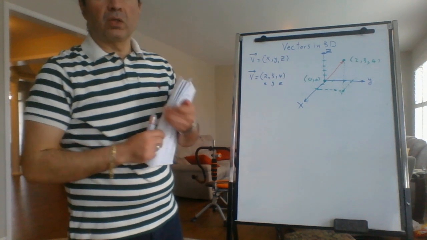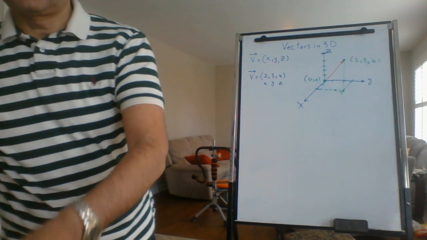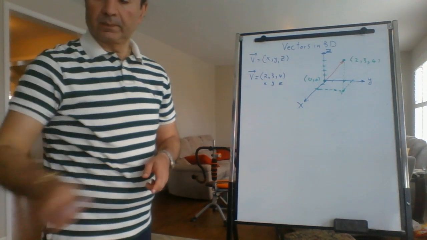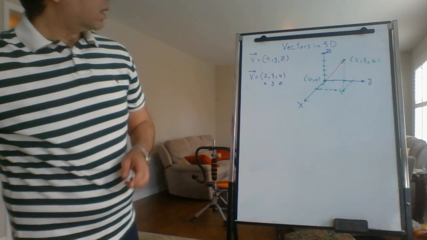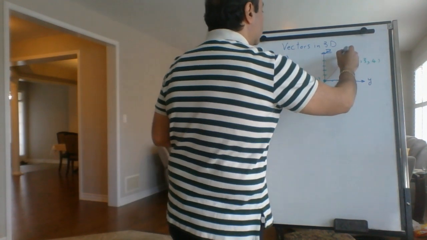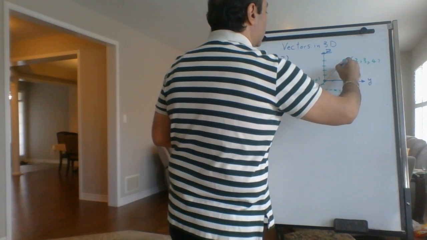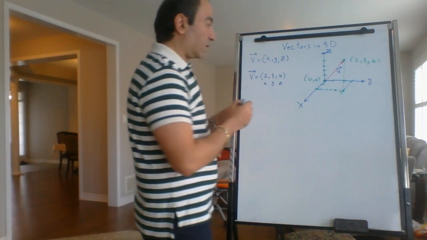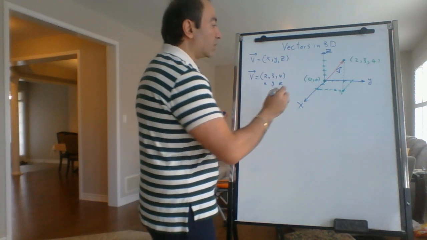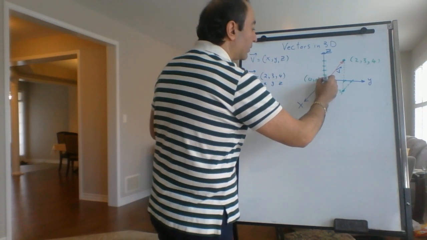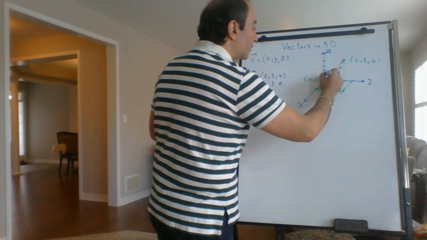Now we know the unit vector. So let's say this is representing vector v. We know that the unit vector in the direction of v will be a vector that's in the same direction as vector v, that small vector.